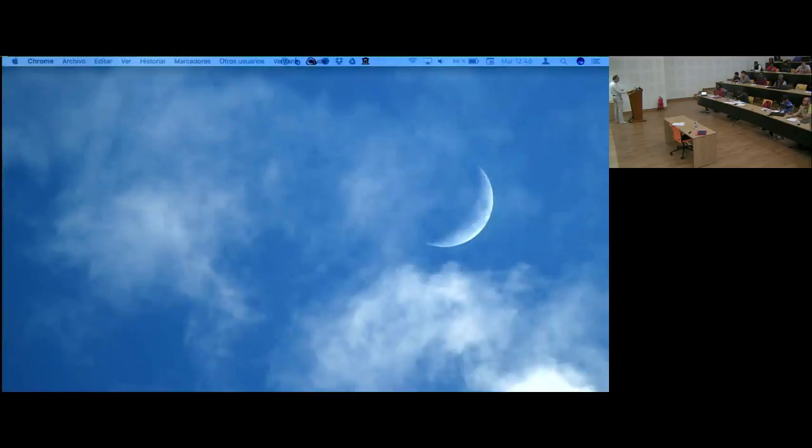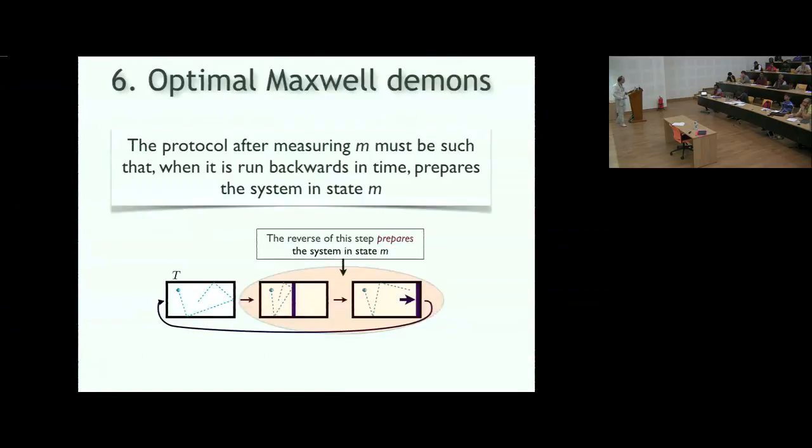So this gives you a kind of recipe to get optimal Maxwell demons. And now I will do it in the last 10 minutes, only for error-free measurements, but it's not hard to do it for measurements with errors.